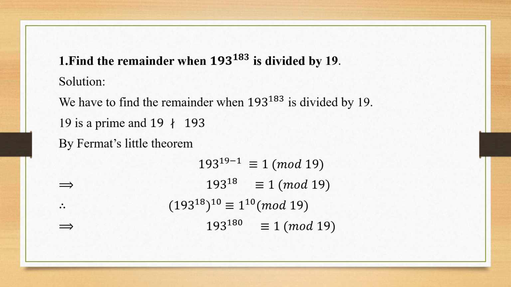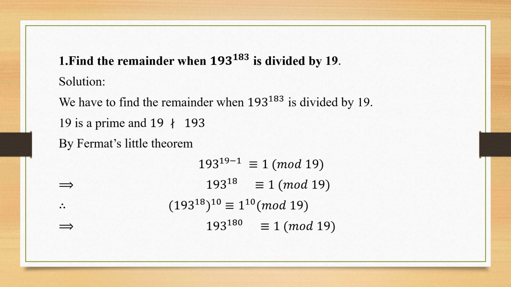Before getting on to the problem, the number which is used to divide is called the modulo number, right? So the modulo number is 19 now, and we should see whether the modulo number is a prime number. Yes, it is. So 19 is a prime number, so we can proceed.